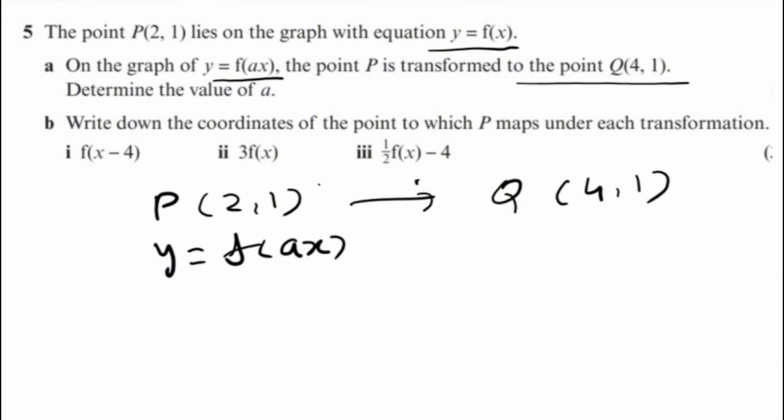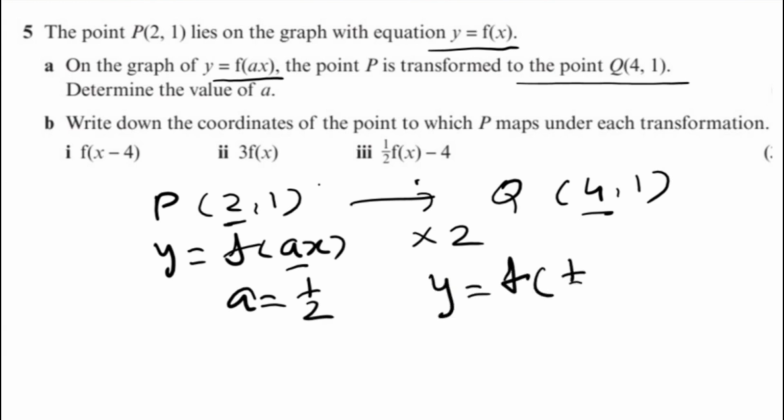Now we can see the transformation of the x coordinate is times 2. But because it is inside the bracket, we have to do the opposite. That means our a value is a half. So our new transformed function you can write as f of a half x, and our coordinate becomes (4, 1).